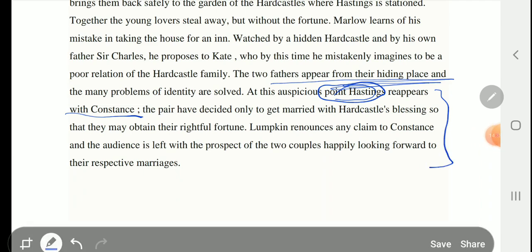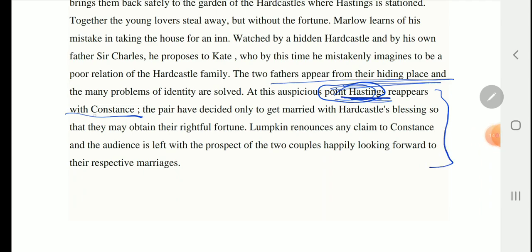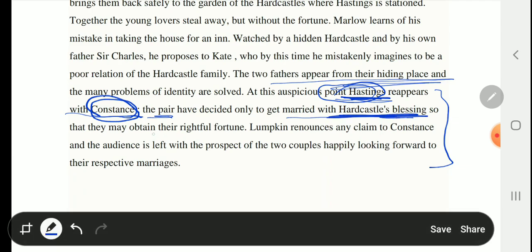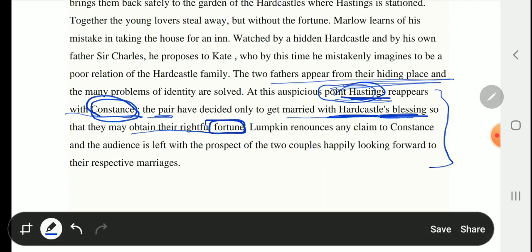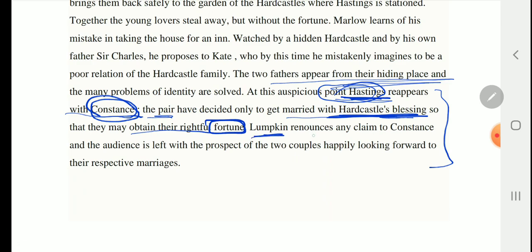So by the end of the play, both Hastings and Constance came back, and the pair have decided to get married with the Hardcastles' blessing because they want to obtain their rightful fortune, and they cannot do that unless they get their approval. Okay, Tony Lumpkin renounces any claim to Constance, like he rejected her.